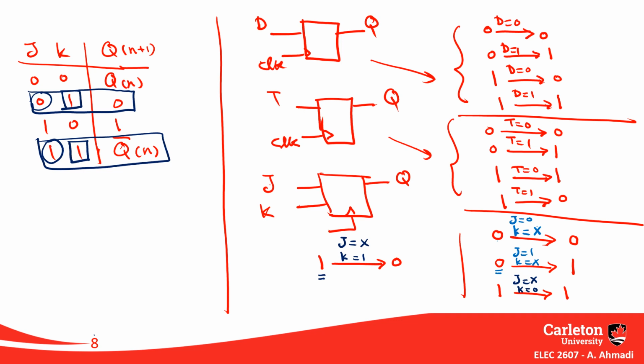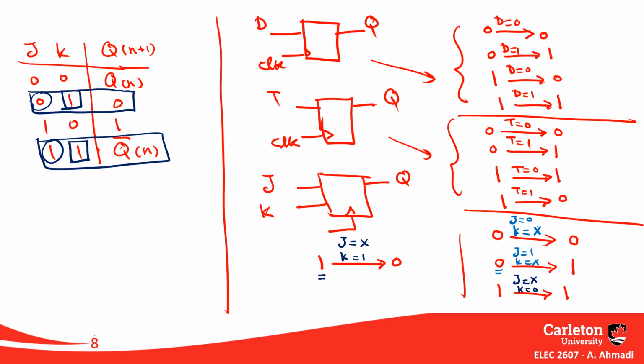If you have, let's say, a T flip-flop, you know the current state is 1, what input you need to change it to 0 or keep it at 1. Or if your flip-flop is D and your current state saved in the D flip-flop is 1, what can make it 0 or what can keep it as 1? And same thing for JK flip-flop as well.